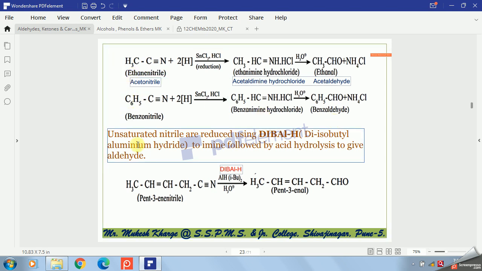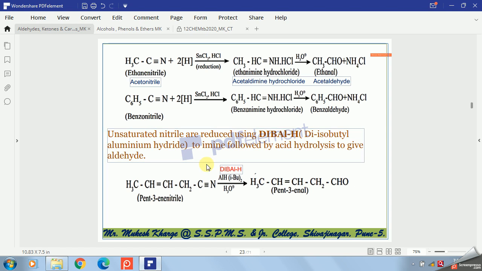group. So unsaturated nitriles are reduced by using a specific strong reducing agent, that is diisobutyl aluminum hydride, which can be written like this: DIBAL-H. Okay, that is the short form of this reagent.